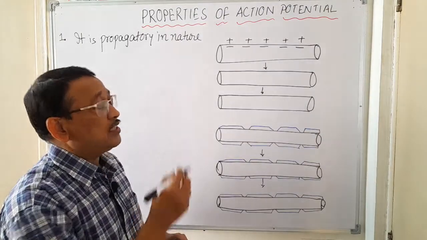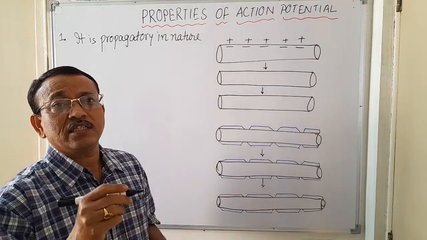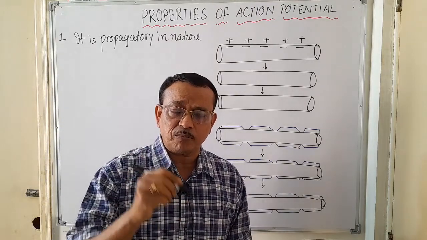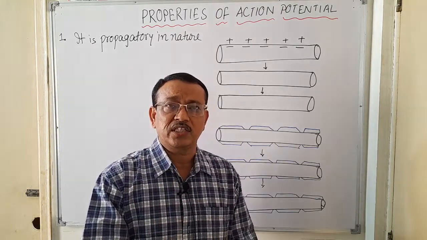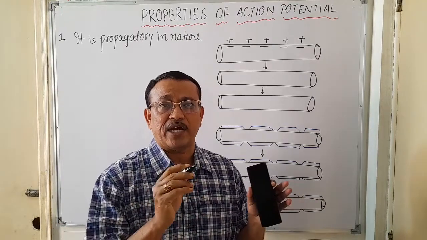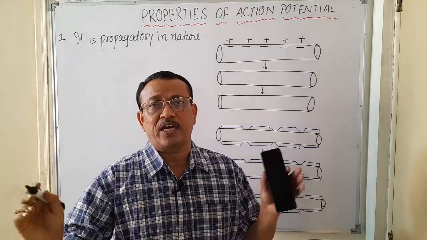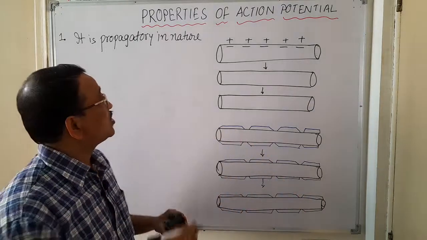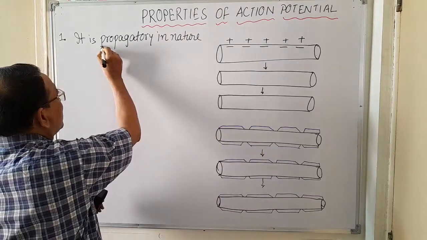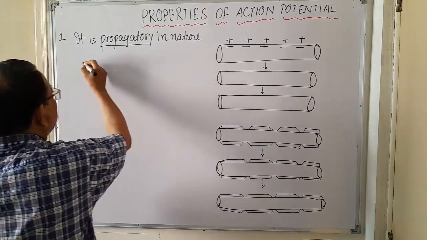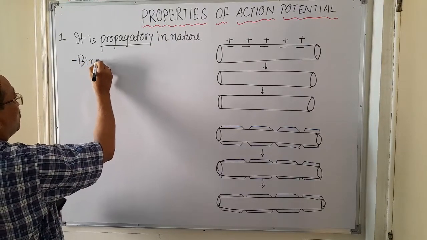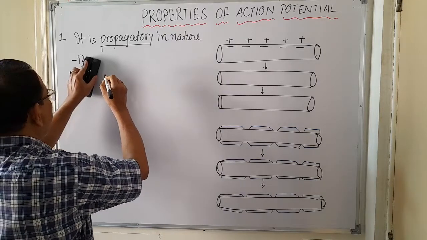Now let us see how the action potential generated at the point of the stimulus is propagated beyond that part. This propagation is bidirectional.